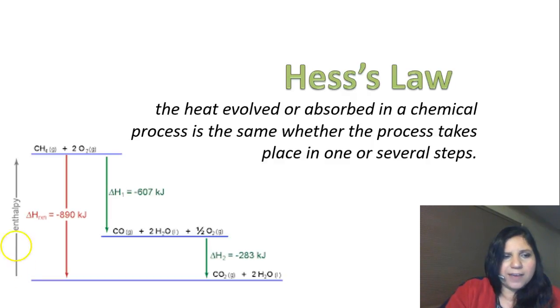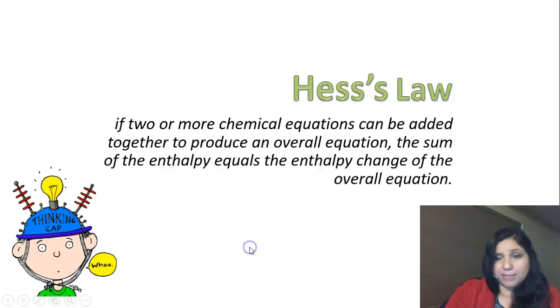And so if I have this reaction here, to get from here to this product here, it's negative 890 kilojoules if it's in one single step. If it were in two steps, I could have some intermediate, and this would have this amount of energy released, and this would have this amount of energy released, but if you add them together, they'd be the same.